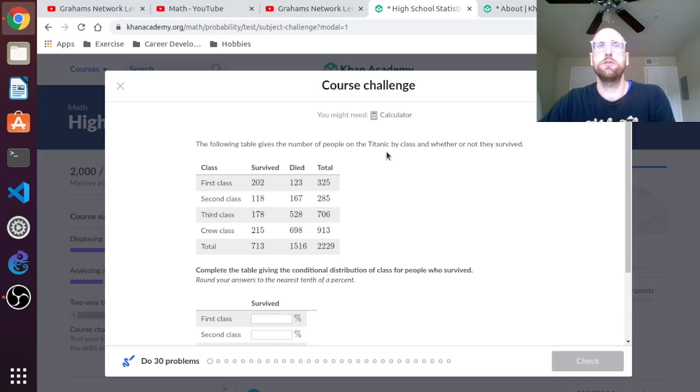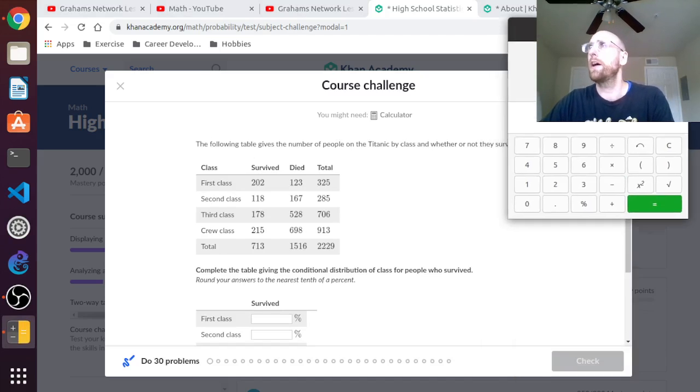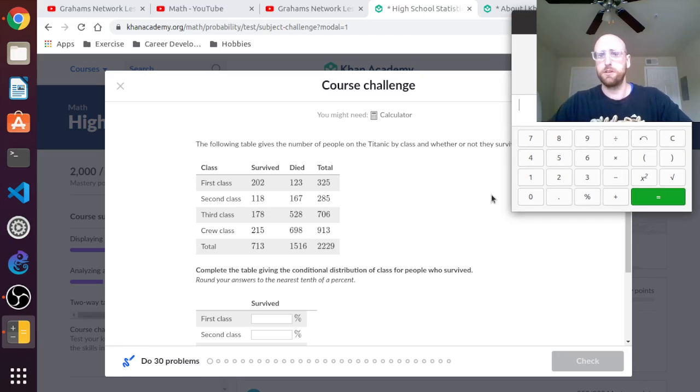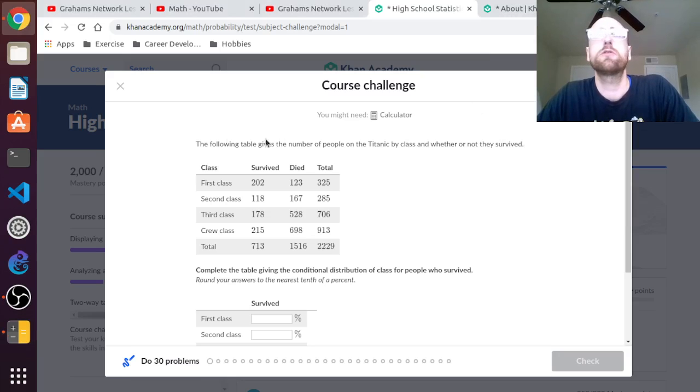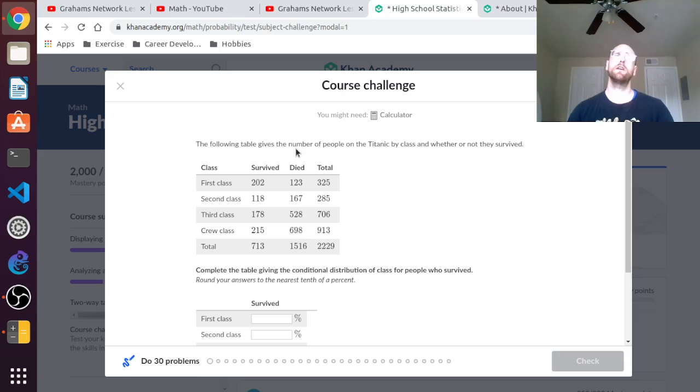Okay, and then we're going to do these statistics problems. I do have a calculator. I also have a way of using scratch paper if I need it, but for now, let's just try to do the problem. The following table gives the number of people on the Titanic by class and whether or not they survived. It looks like we've got a table here with 4 columns: class, survived, died, and total.